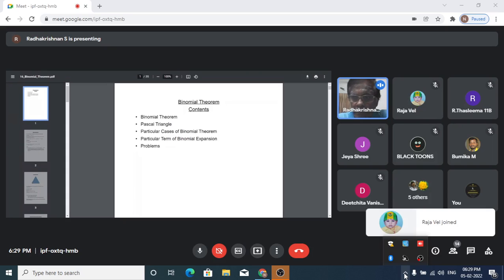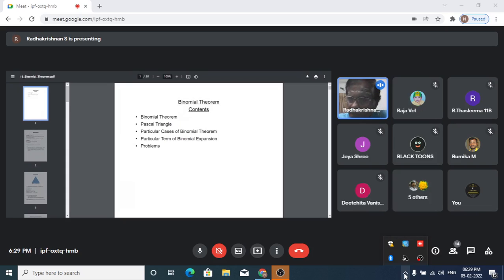So just for information sake, இந்த binomial theorem உங்க எல்லாருக்கும் நடத்திருக்காங்களா நடத்தலையா? எத்தனை பேருக்கு நடத்திருக்காங்க? Can you raise your hands? Okay, Jayashree. So I mean, am I to understand that not taught for many people?